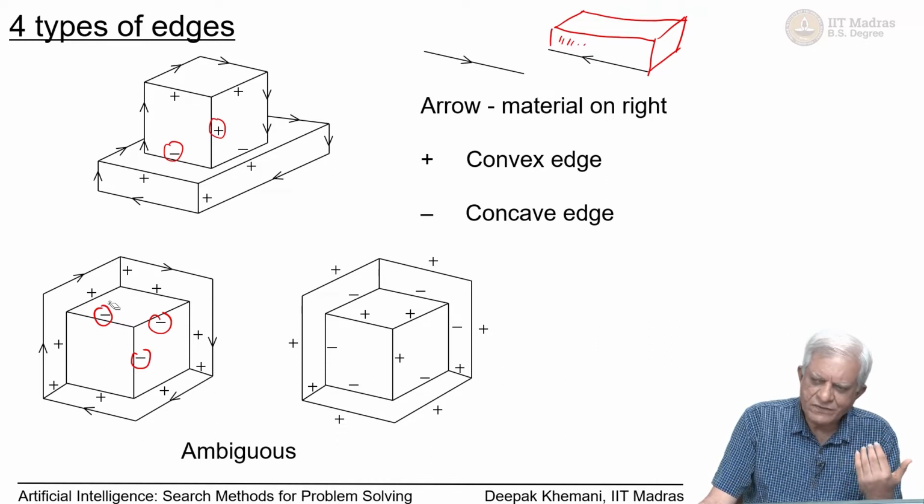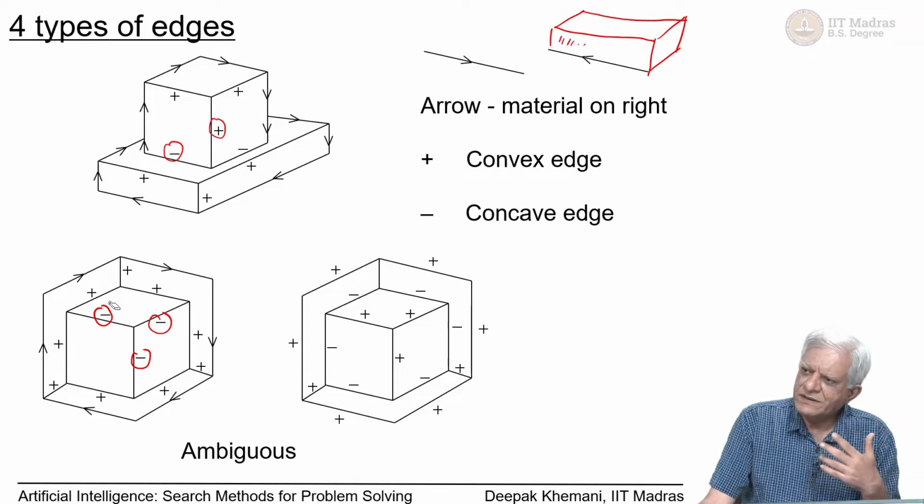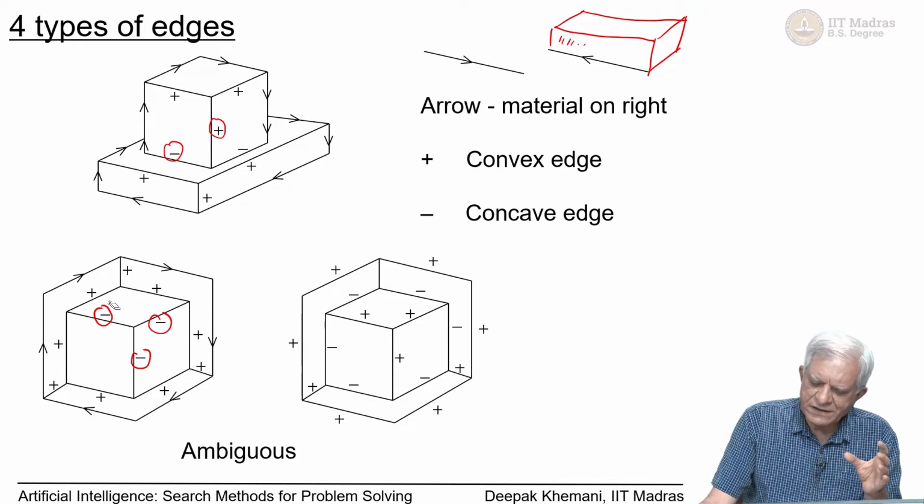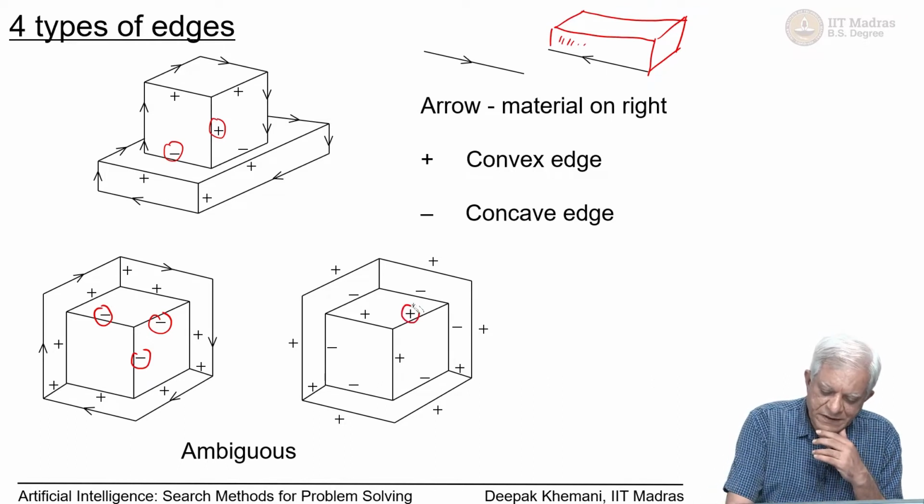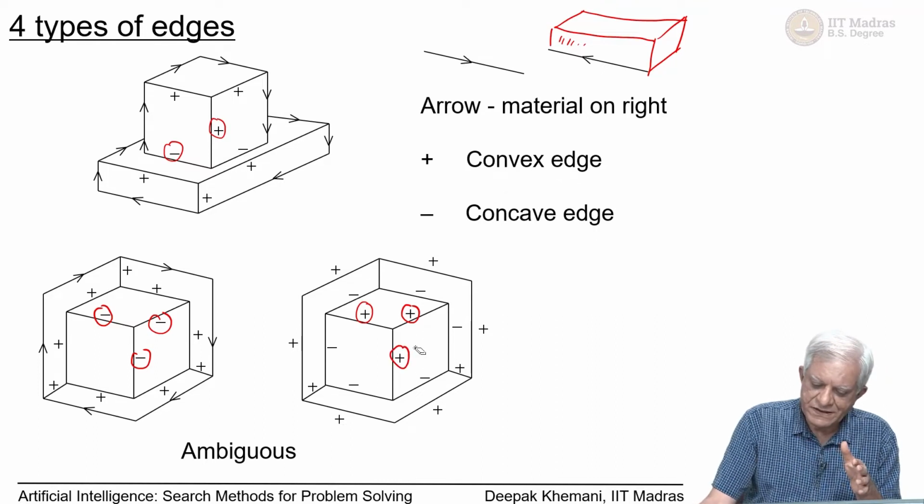So, if you were to look at, for example, the corner of a room, then that is how the 3 edges you see in the corner of a room, on the roof for example, would all get a label of minus or negative, because these are concave edges. Whereas, in the figure on the right, the same 3 edges in the same figure are labeled as positive essentially.